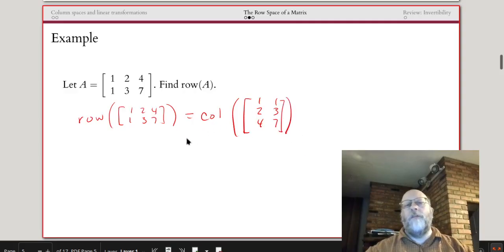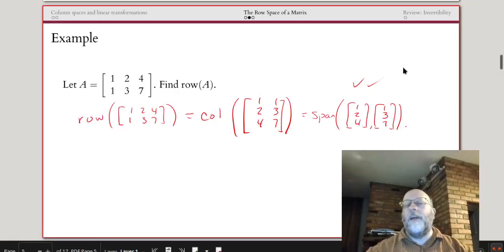I've transposed the matrix, and so that is the span of the columns 1, 2, 4, 1, 3, 7. That is the row space. That's all it is. We just take the matrix, and instead of taking the columns, we take the rows and we write them vertically and put the span in front of it.